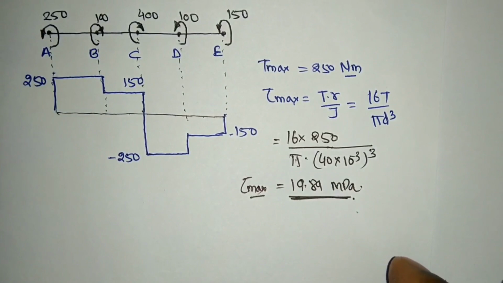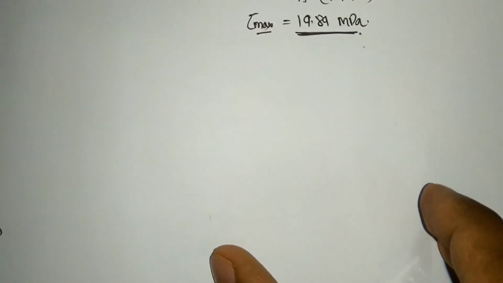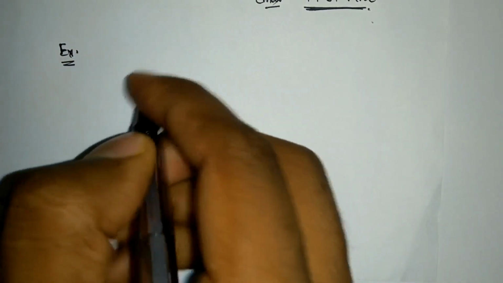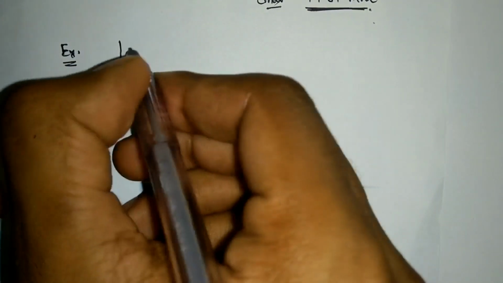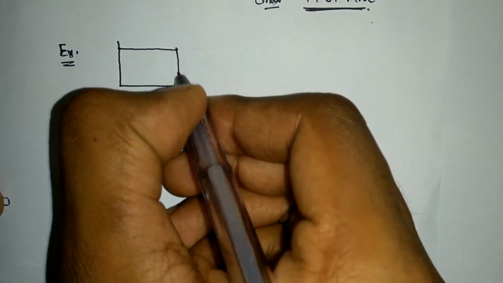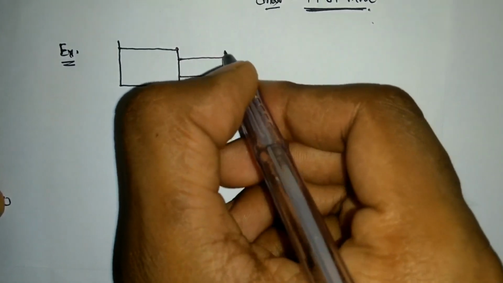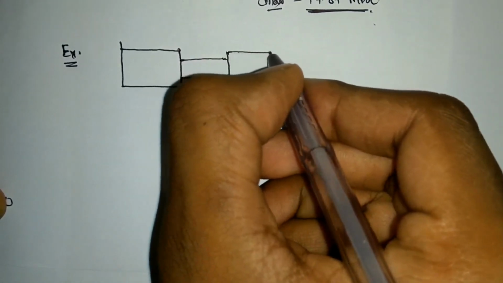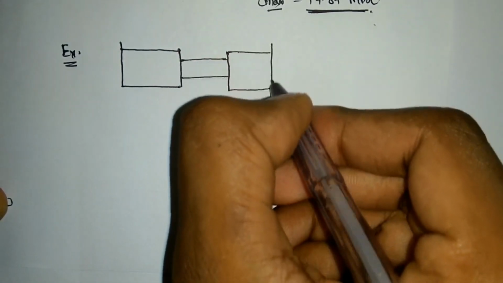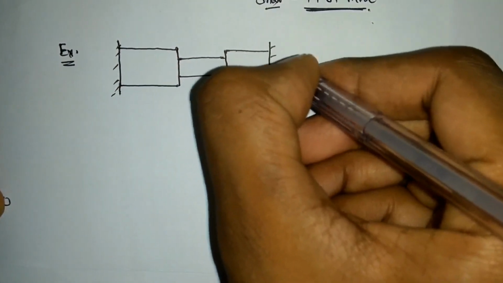So this one is done now, okay. Let's take the next case. In the next case, the diameter is varying and the torque is varying, okay. Both things we are going to apply here, fine. So I am having the case where there is a diameter of this shaft, okay, and the diameter has changed. So when the diameter changes, our J value will change, okay. So because of the J value, shear stress will change and theta will change, all those values will change. This is my shaft, okay, fixed at both the ends, fine.